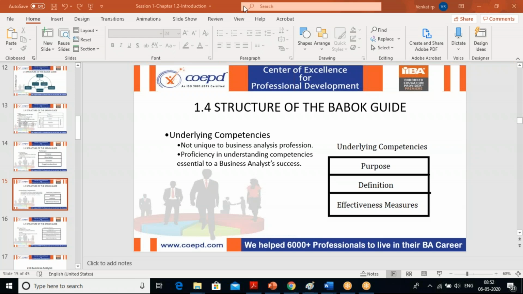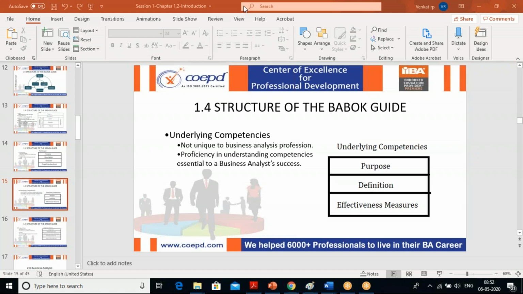Purpose means where we are going to use this competency, definition is how we are going to make it up, and effective measures give the procedure in which we have to deliver or use this competency. So the underlying competency structure is purpose, definition, and effective measures.